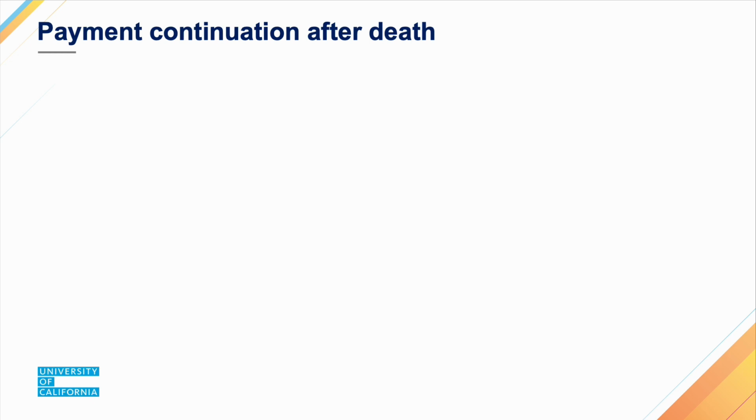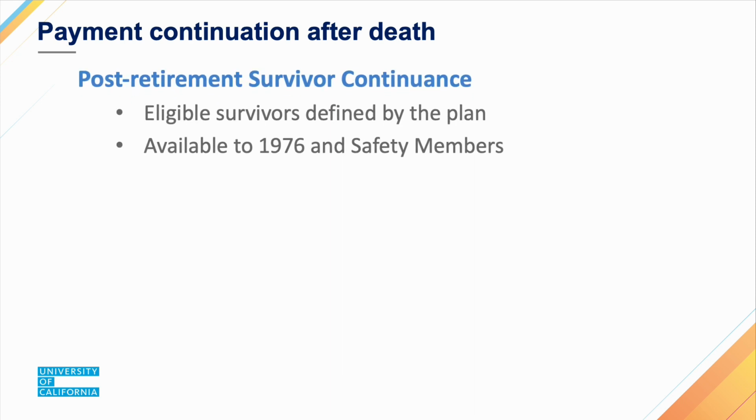Now that we've talked about the calculation of the basic retirement income and the lifetime monthly income it can provide, UCRP also offers several ways you can provide monthly income to someone else in the event of your death. Now, these benefits include the post-retirement survivor continuance, which is payable to those eligible family members defined by the plan.